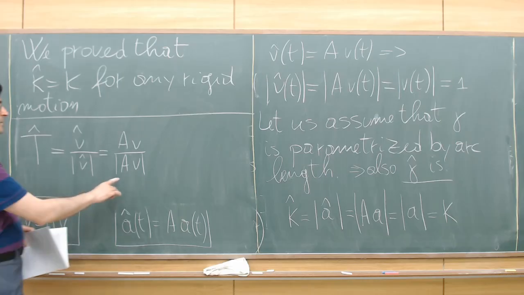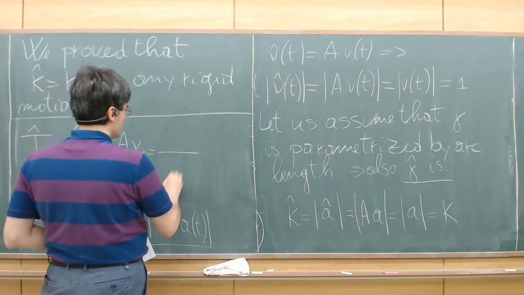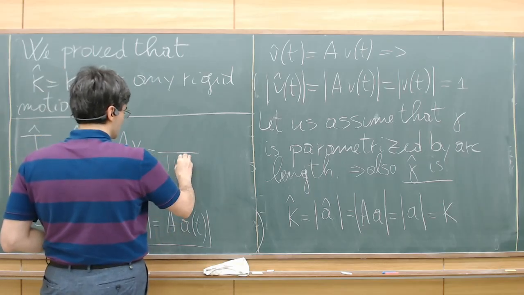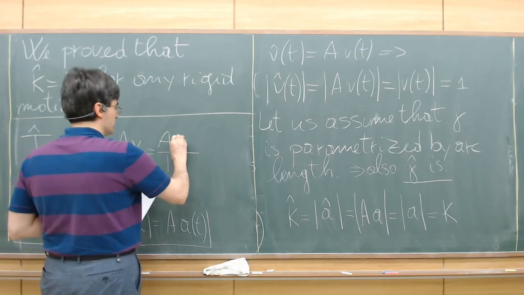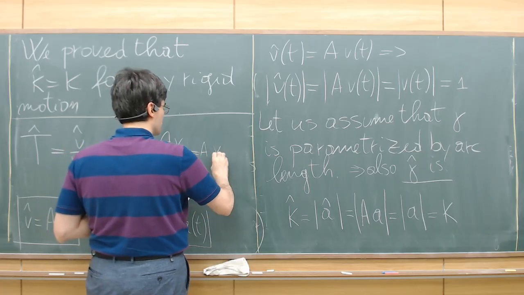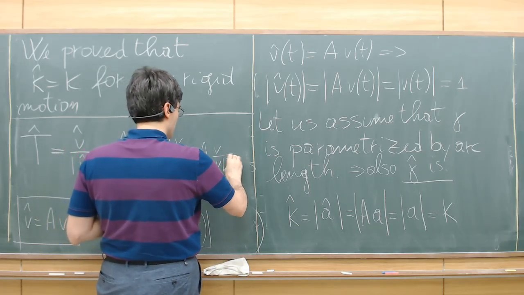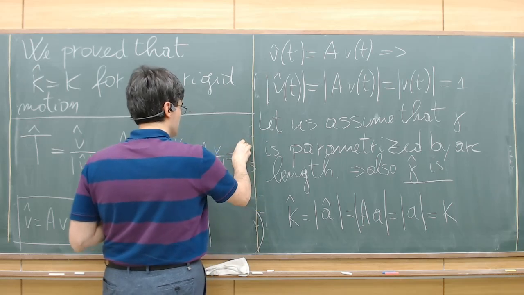But the length of AV, by the orthogonality of A, coincides with the length of V. So I can write this as A times V over the length of V, and this is equal to A times T.